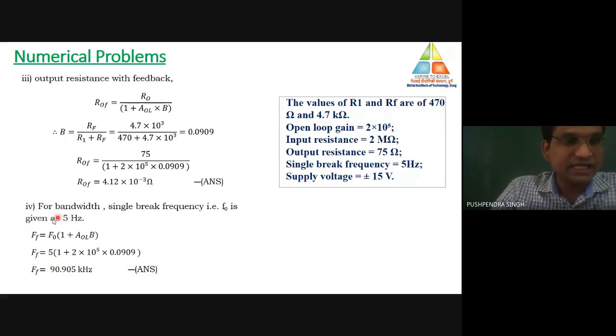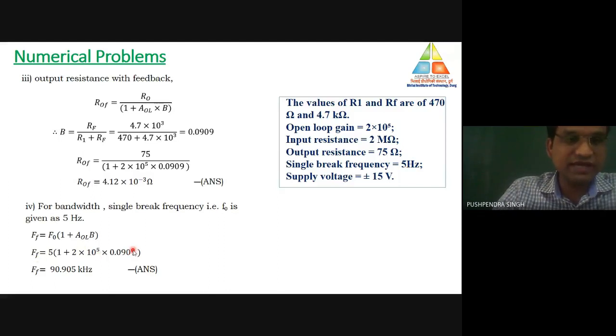And the last parameter is the bandwidth. The formula for calculation of bandwidth is F0, where F0 is single break frequency, into 1 plus AOL into B. So already we have calculated the value of B, 0.0909. The value of AOL is given 2 into 10 to the power 5, and the value of single break frequency is given as 5 Hz.